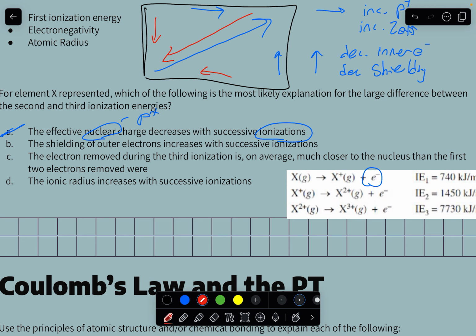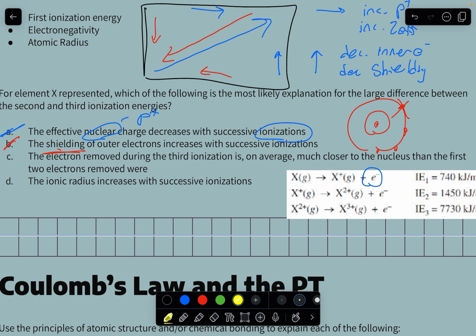For B, the shielding of outer electrons increases with successive ionizations. Remember, if we're removing electrons, we're removing from the outer layer, so it's not changing the inner electrons. If we're not changing the inner electrons, the shielding is not changing.